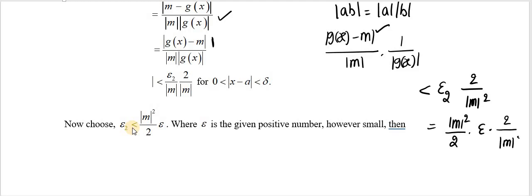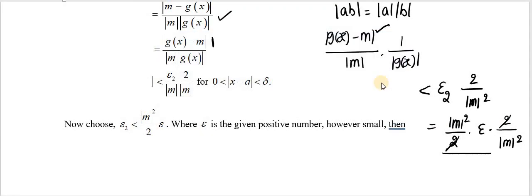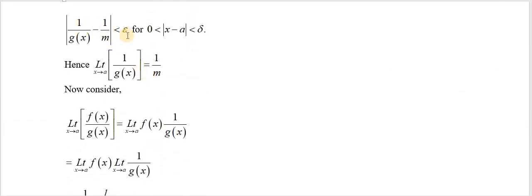So just I substituted epsilon 2 value. This 2 cancels, this mod m square cancels. Then we are going to get epsilon. To get epsilon only, I choose epsilon 2 like this. So this one is less than epsilon for 0 less than mod x minus a less than delta.